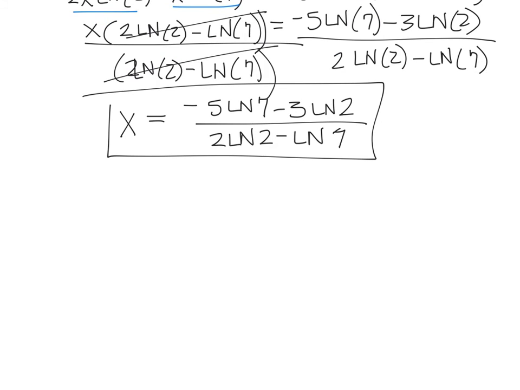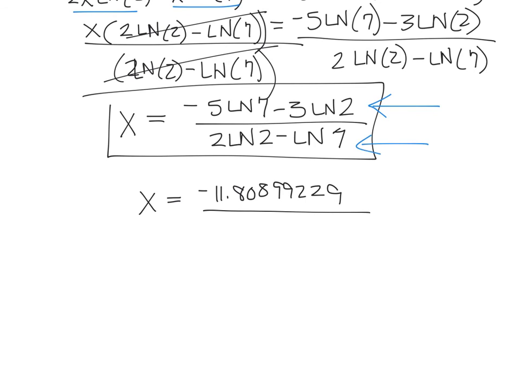Now I want to write the answer in decimal form. In order to do that, you're just going to use your calculator and do negative 5 times the ln of 7 minus 3 times the ln of 2. When you do that calculation, you should get negative 11.808992229, and that's going to be divided by 2 times the ln of 2 minus ln 7.